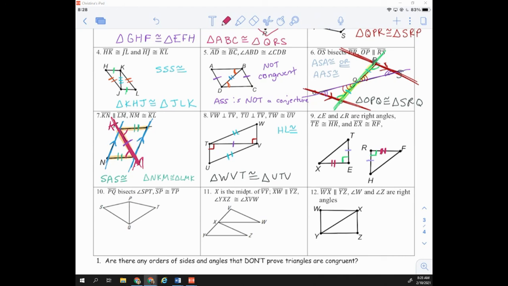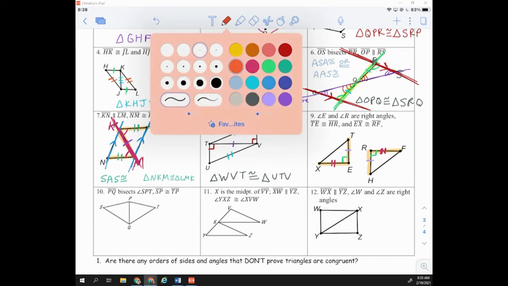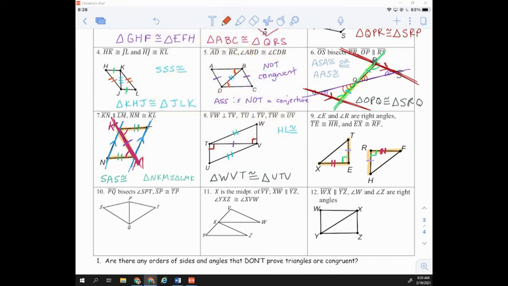So we don't technically have hypotenuse leg here, but we do have side, angle, side. And we're allowed to use side, angle, side. We can use any of the other conjectures on right triangles. It's just that hypotenuse leg can only be used on right triangles.